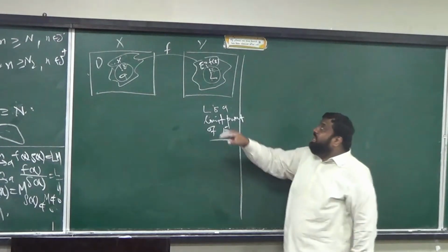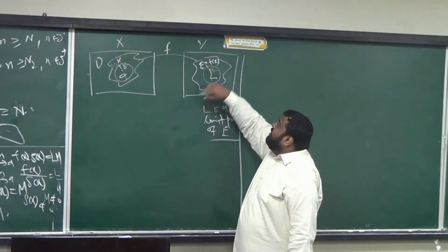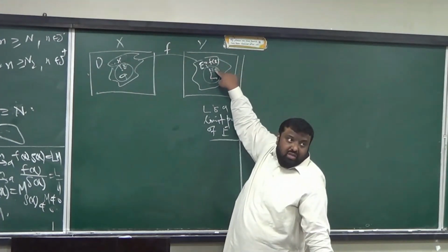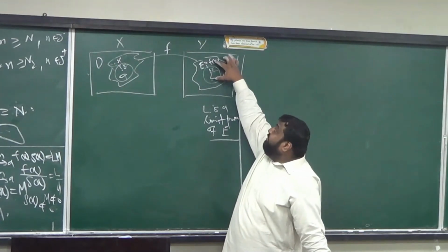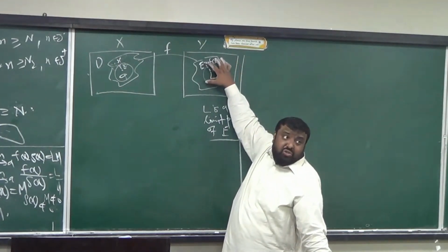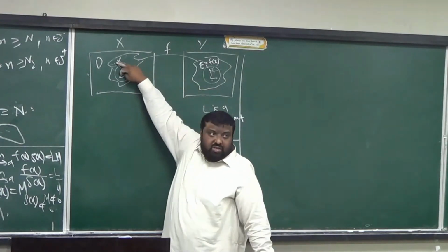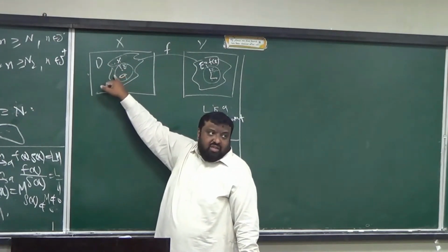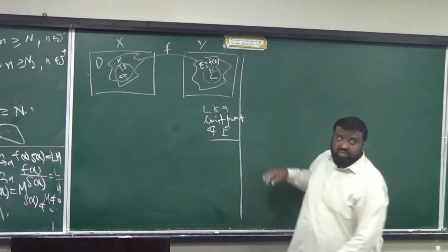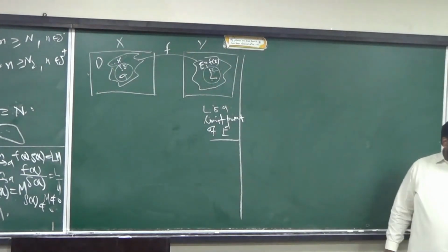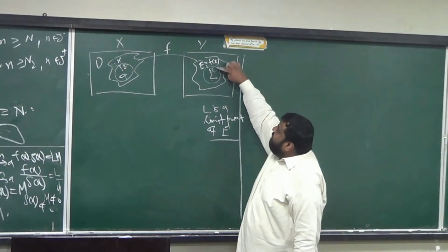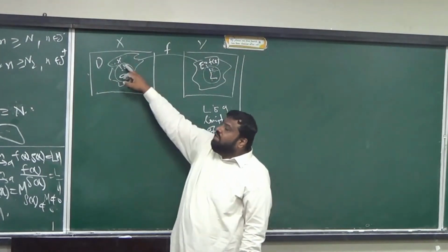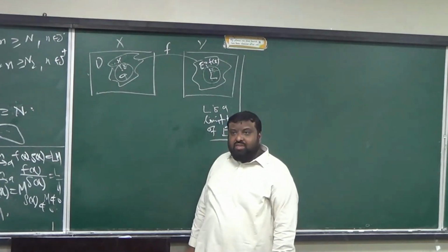So in other words, I want f of x and L to be closer. How much closer? Closer than epsilon. If they can really get closer, then you should be able to find a set of inputs such that if x gets closer to A, then f of x gets closer to L. So for every wish of ours, which is epsilon, we can always find a delta, depending on epsilon.